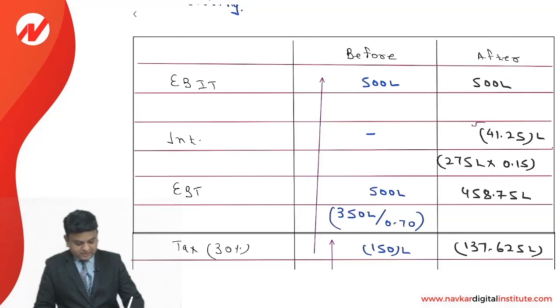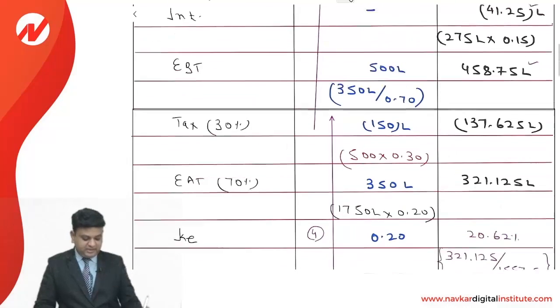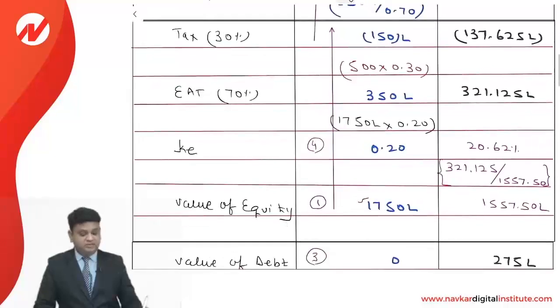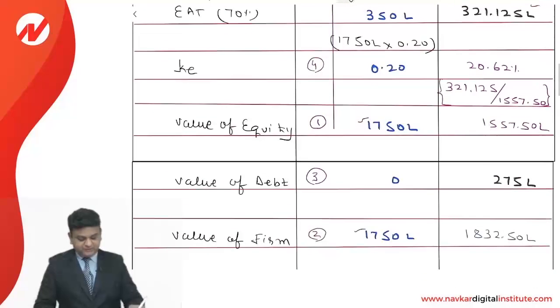The operating income is going to remain the same, even otherwise we make that assumption, minus the interest amount, that will give us EBT, minus tax amount will give EAT. So we have to stop at this point. We cannot proceed further. Why? Because we do not have sufficient information for making further calculation.